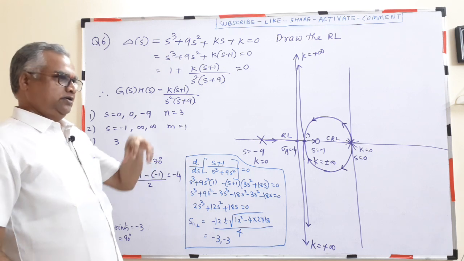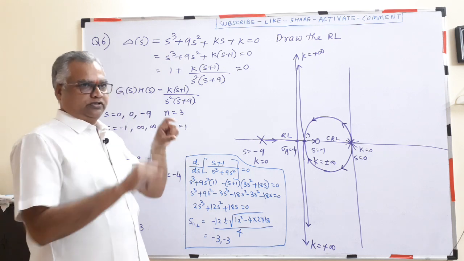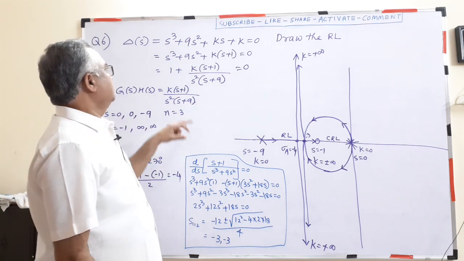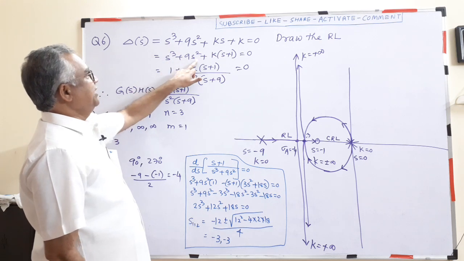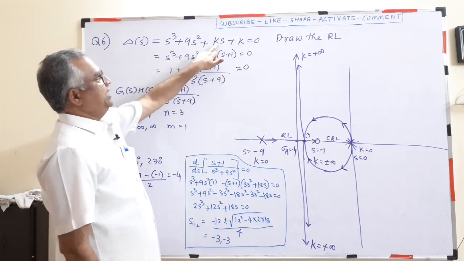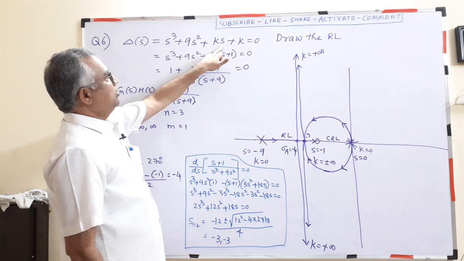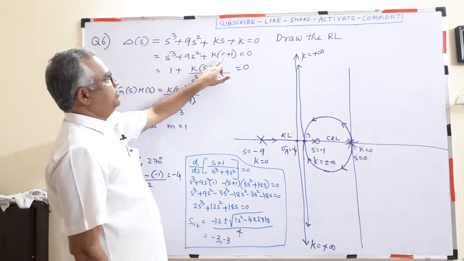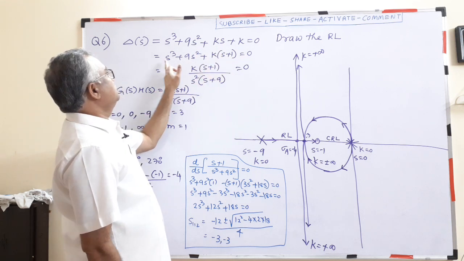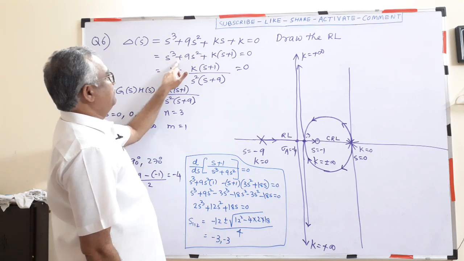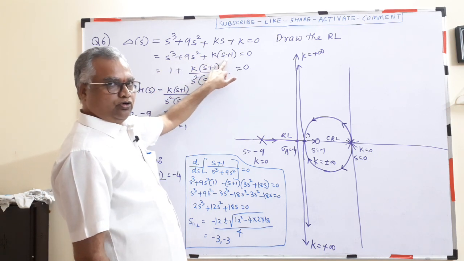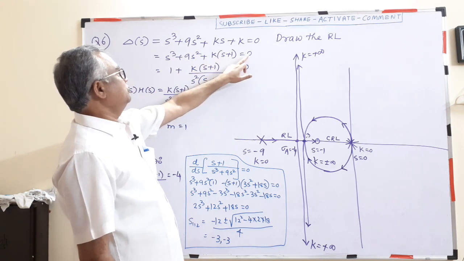In the introduction of root locus, that's how a polynomial is taken. So s cube plus 9s square plus k common, not s common, k common, (s plus 1). So this is the polynomial P(s), and this is the polynomial Q(s), equal to 0.